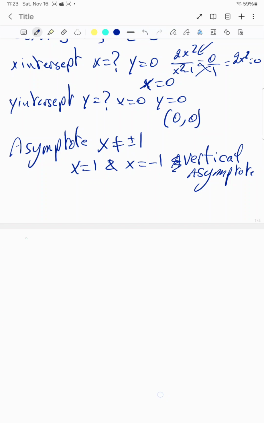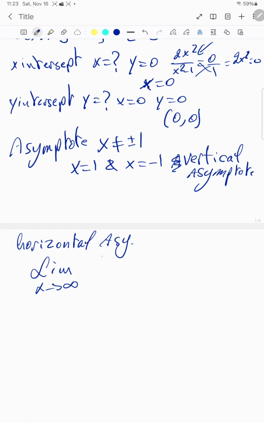To find the horizontal asymptote, I have to study the limit when x goes to infinity of my f of x, which is 2x squared divided by x squared minus 1.